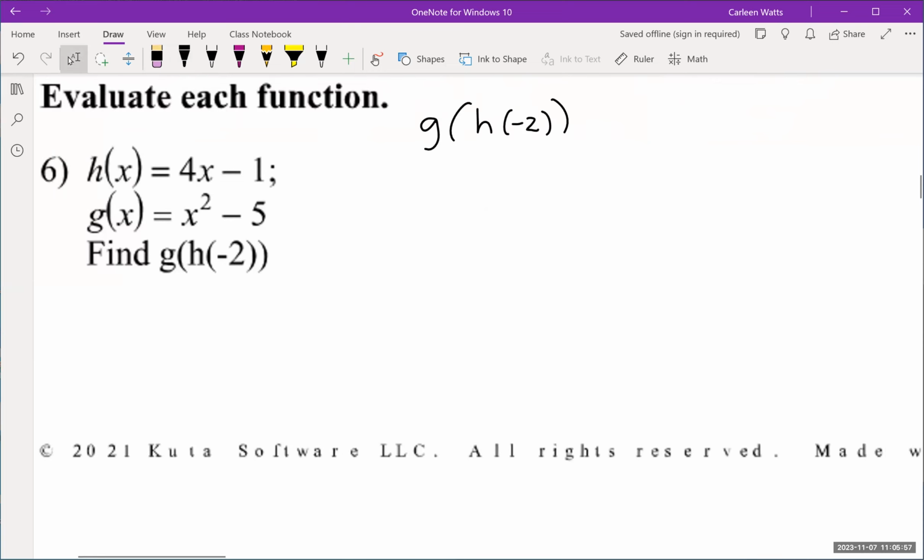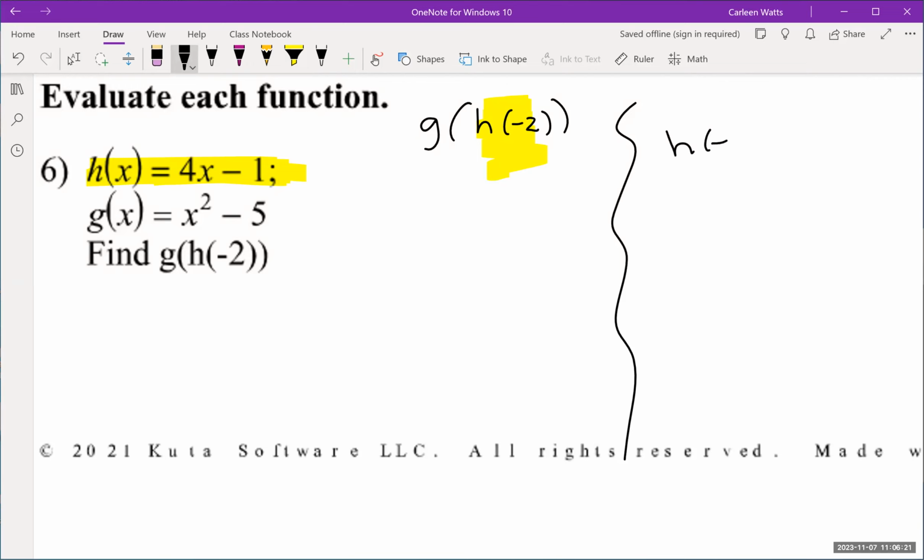So over here in my scratch paper, the first thing I need to calculate is the inside. That one right there. Okay, so what do I need to plug into that?